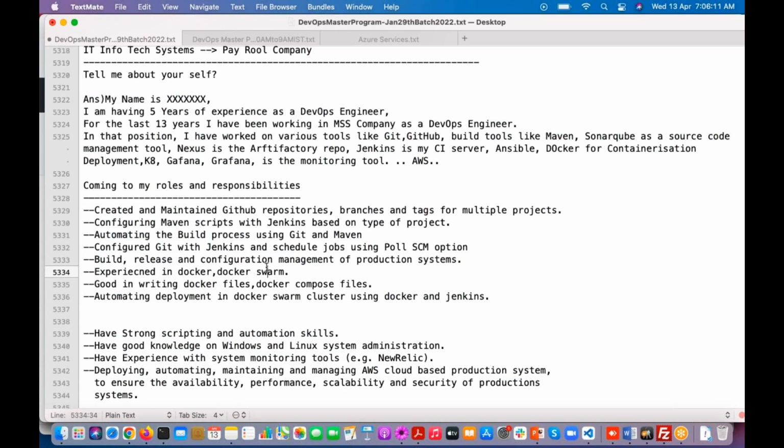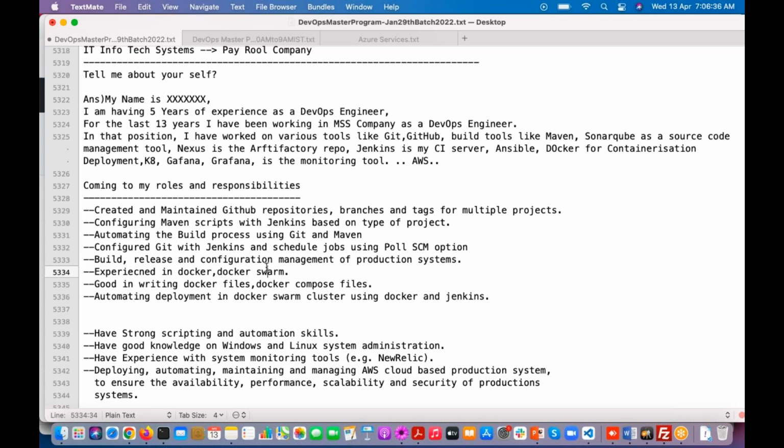But when you are giving tell me about yourself, be confident and explain very effectively, because this is the starting, an opening for your interview. Your opening should be very effective.